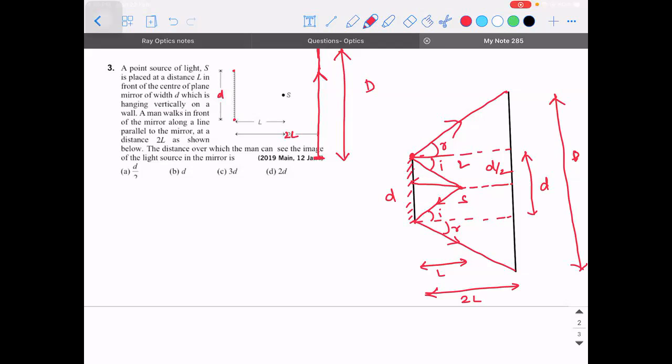Because it is a plane mirror, I and R are the same. So if you take this as theta, this is also theta, this is theta, this is also theta, because it's going to be symmetric. Similarly, this distance is D by 2. This distance is going to be 2L. This distance is L, this distance is 2L. Now what can we do?